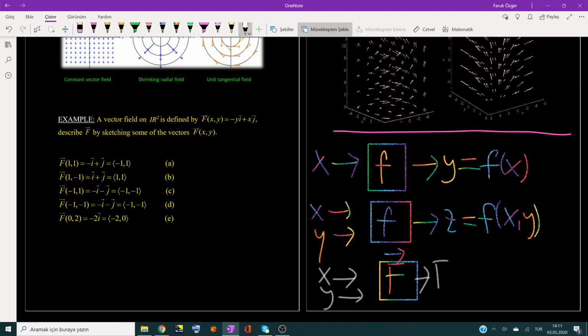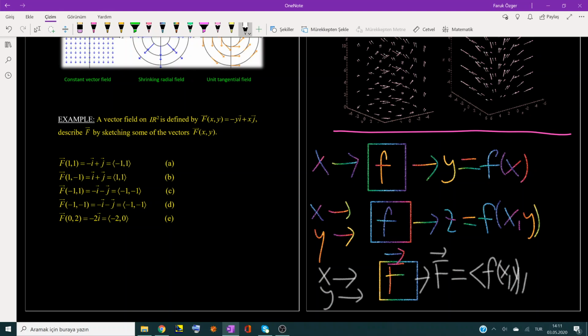The vector field generates what? The vector field generates vectors. For the first component of the vector, it is f of x, y.